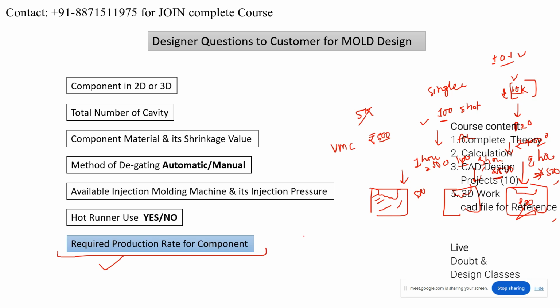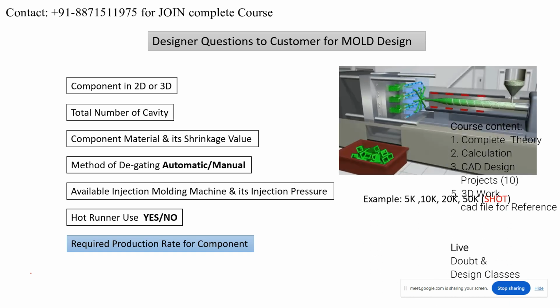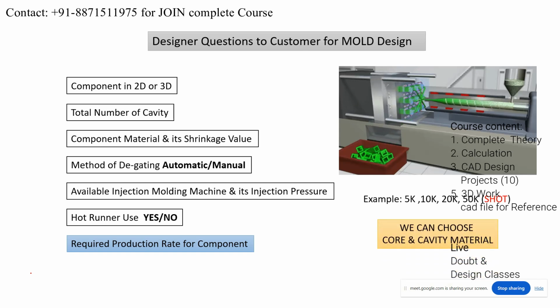And depending upon the critical geometry or critical feature, if we are also using EDM machining, then the cost will be high, again high, right? So that's why the required production rate is very important for choosing the core and cavity material. We can choose the core and cavity material depending upon the production rate, okay? Or we can suggest it to the customer also.